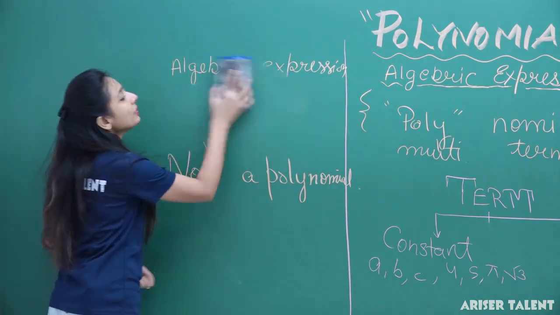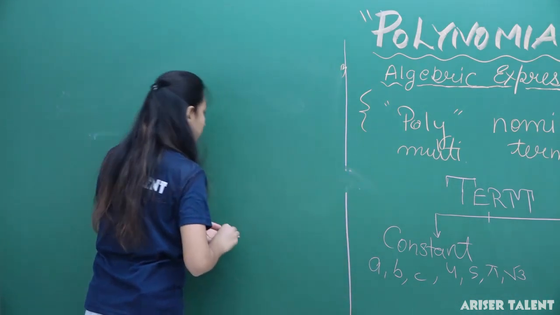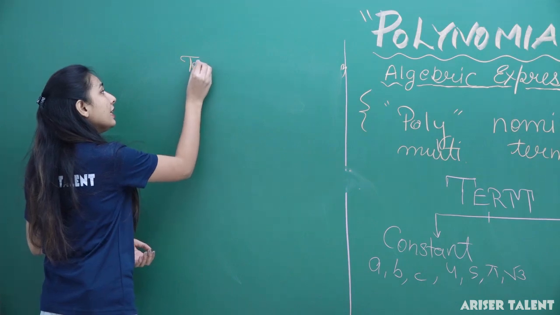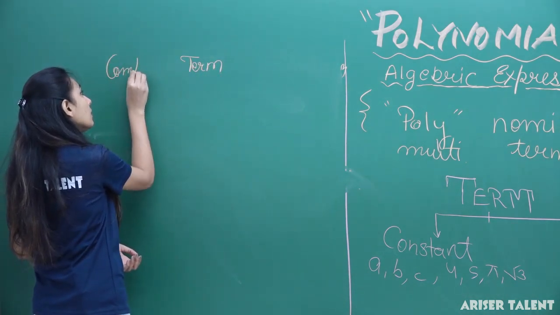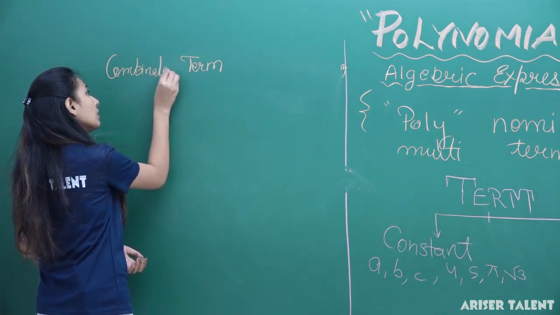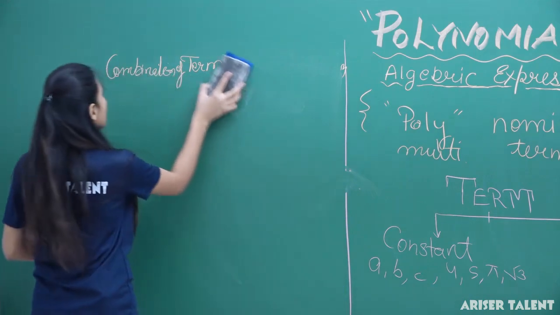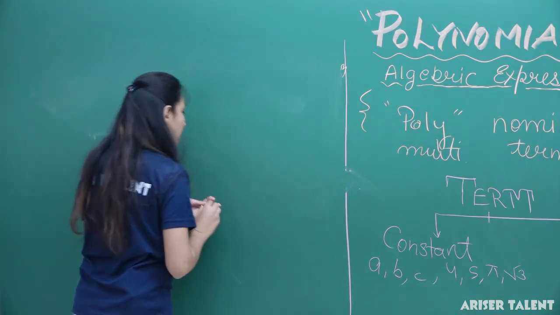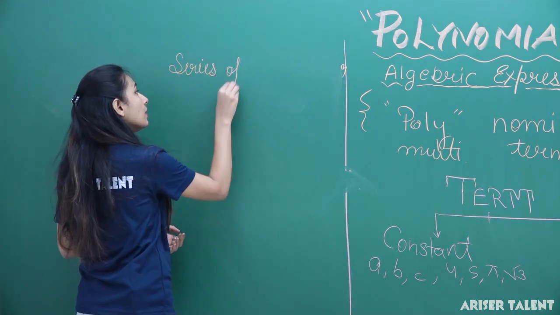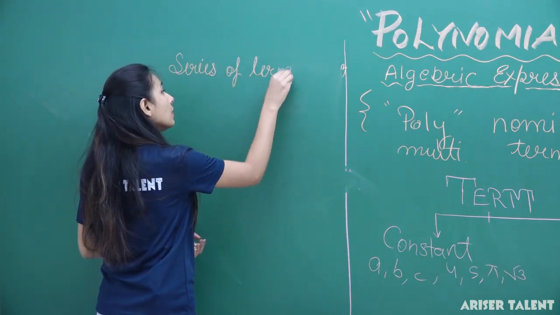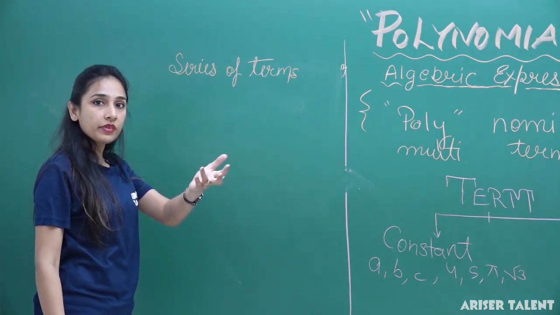Okay, here are the terms and conditions of being a polynomial. First thing, it should be a combination of terms, or I can say a chain or series of terms, either one or more than one.